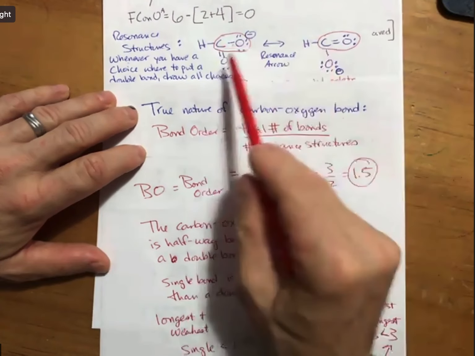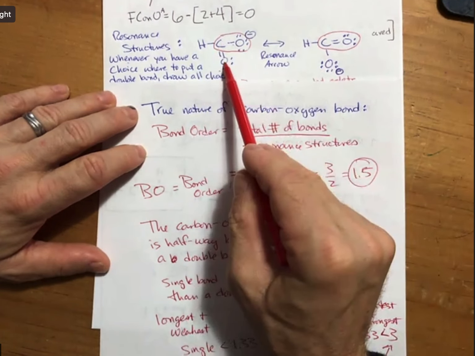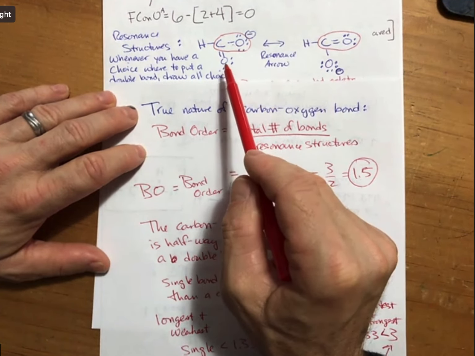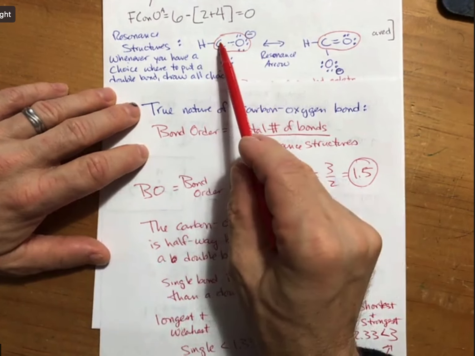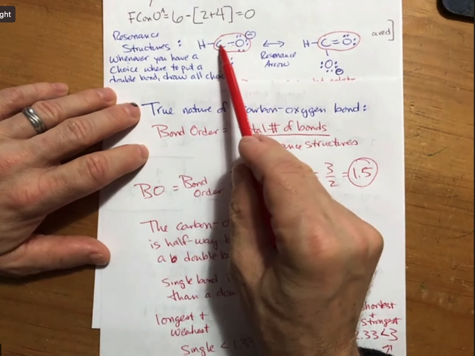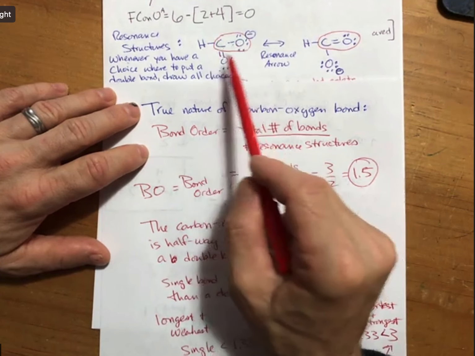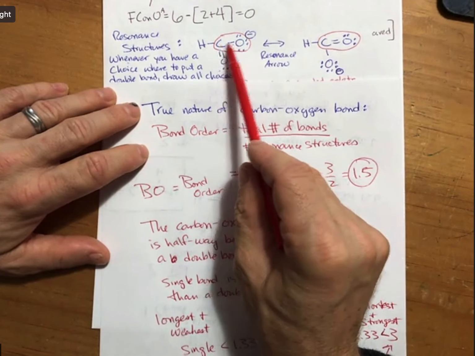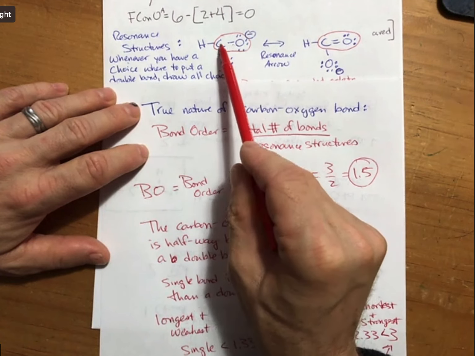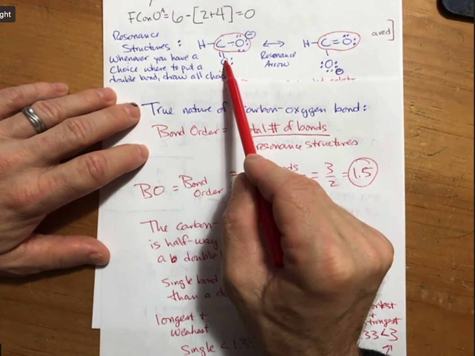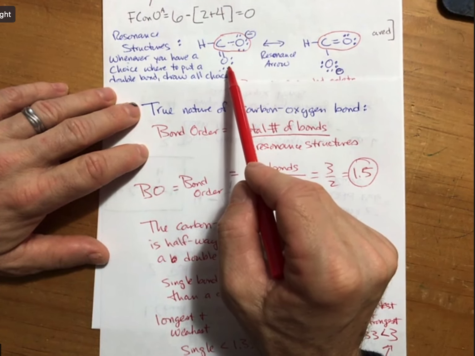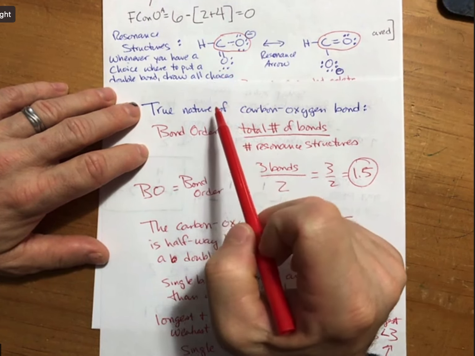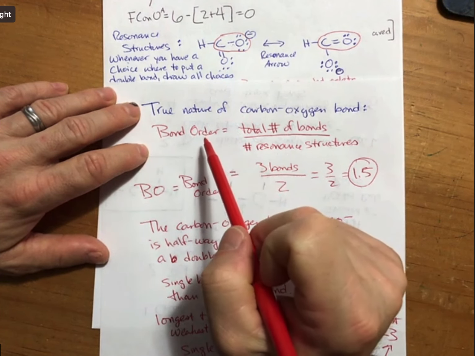Both of these bonds are identical. So on your exam, if there's a question that says in HCOO minus, are there single bonds, are there double bonds, or are there 1.5 bonds? The only bond that exists in this molecule is a bond order equals 1.5 bond.